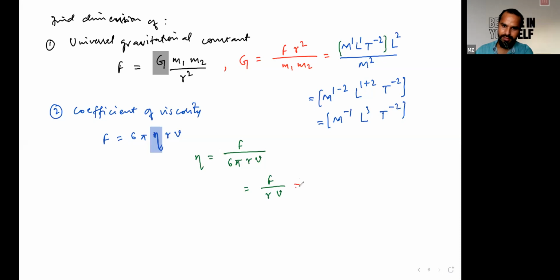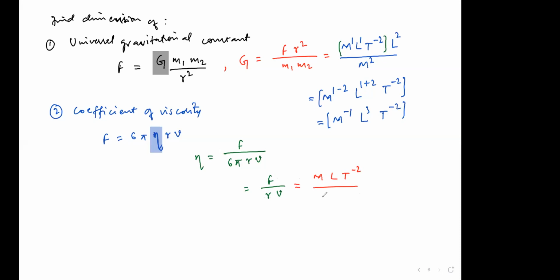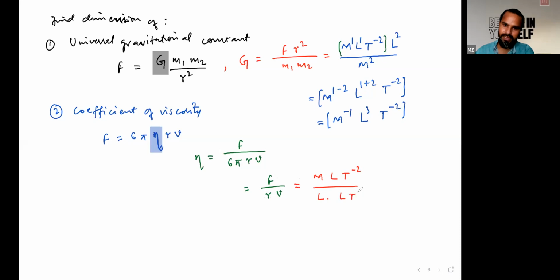Just one minute. We have force, so it will be MLT to the power minus 2, divided by R, which is radius. Ellen, what would be the dimension for this radius? Yes, sir, L. Good. And for velocity, it would be LT to the power minus 1.